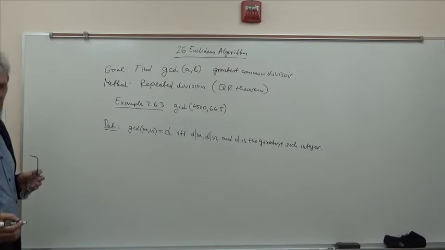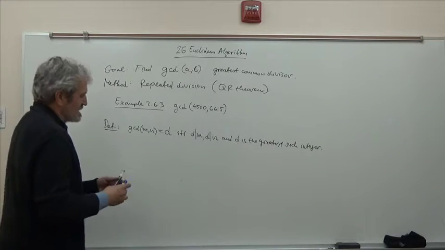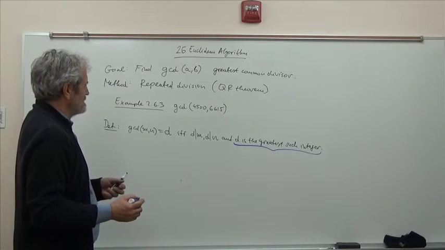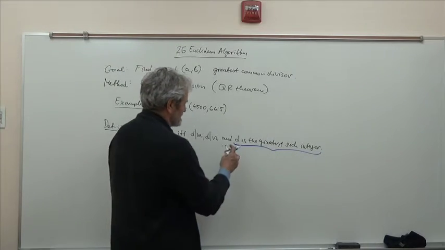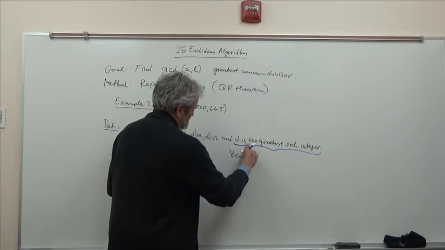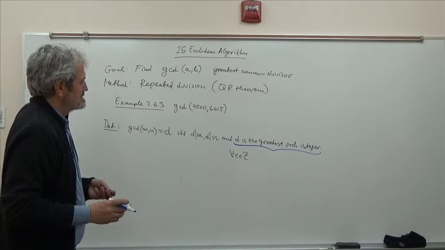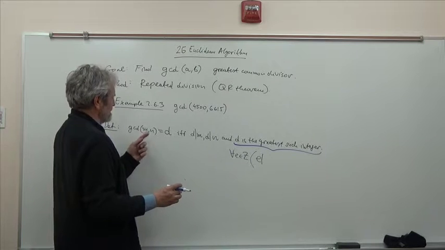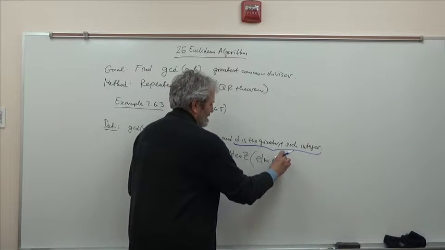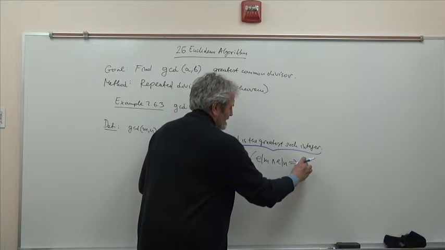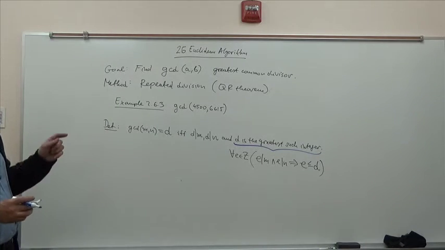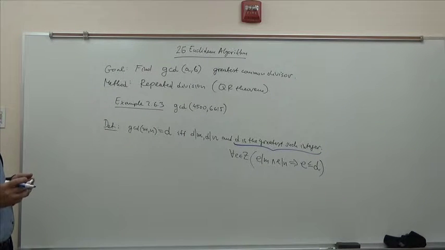Of course, one can complain that this is not too precise or too formal. What does it mean that D is the greatest such integer? That means for every E in Z, an integer, if E satisfies the same properties, that means if E divides m and E divides n, then E is less than or equal to D. So all the other common divisors are less than or equal to our number.